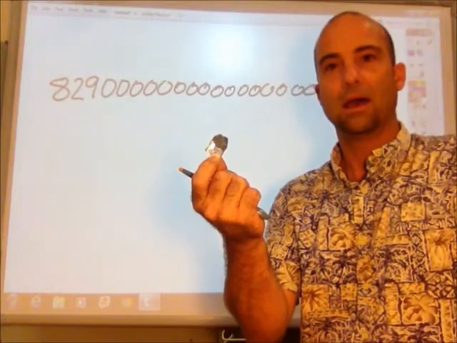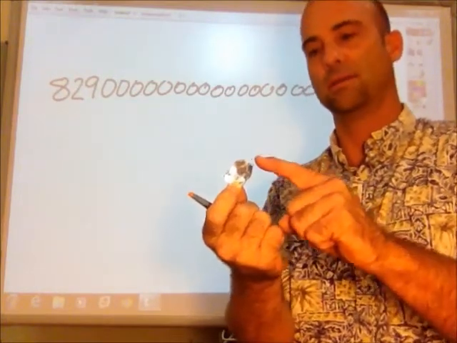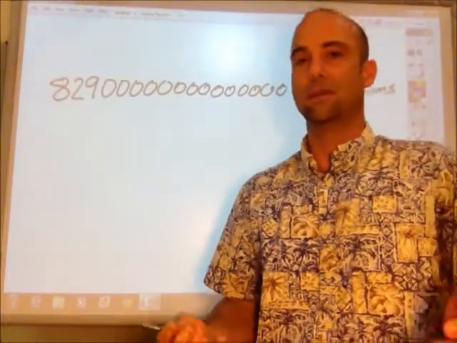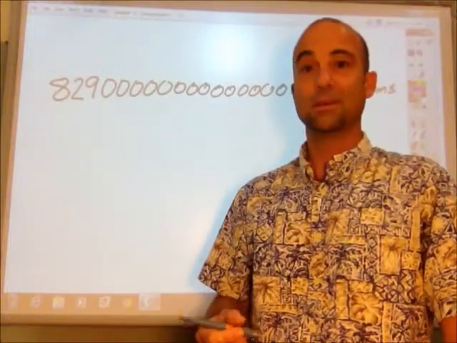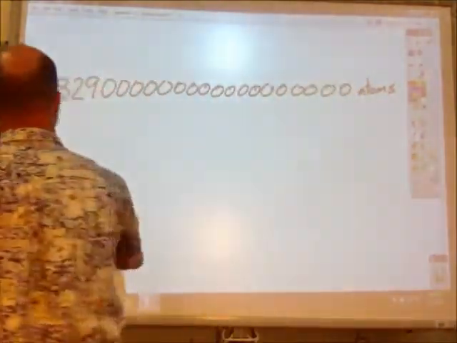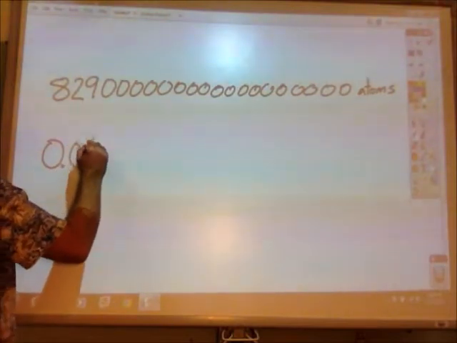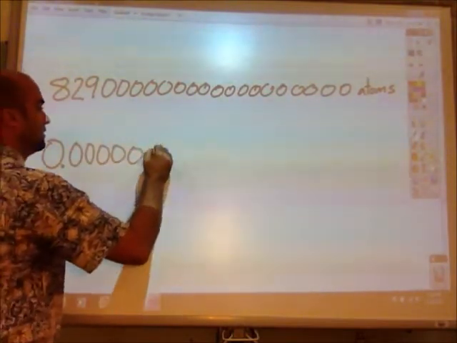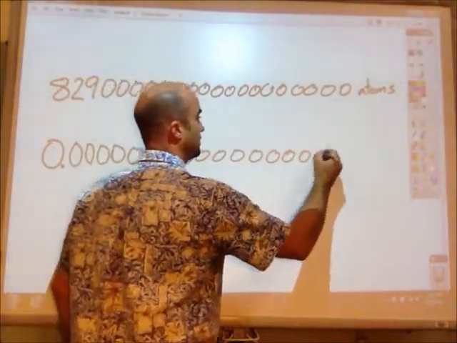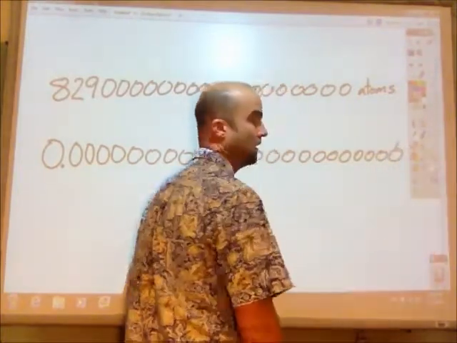What if I asked you how much mass, how many grams, are in just one single atom that's in this sample? Well, in that case, you got a really small number. Consider this. One atom of aluminum has a mass that looks like this.